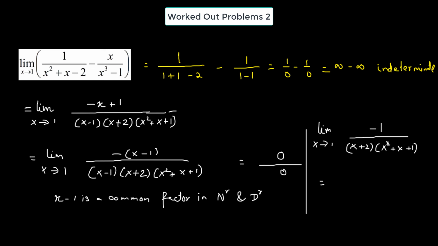Now we're going to replace x by 1, so that gives us -1 divided by 1 plus 2, which is 3, times 1 squared plus 1 plus 1, which is 3. So we have a final value of -1 over 9. So this is going to be the limiting value of our rational function when x approaches 1.